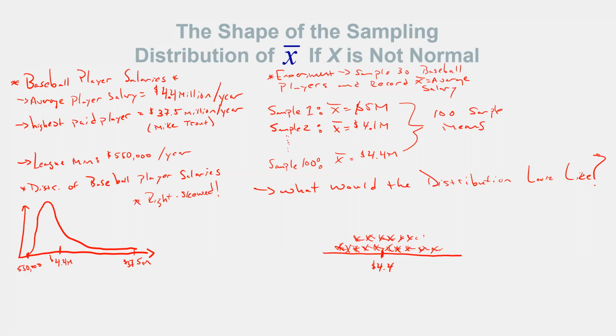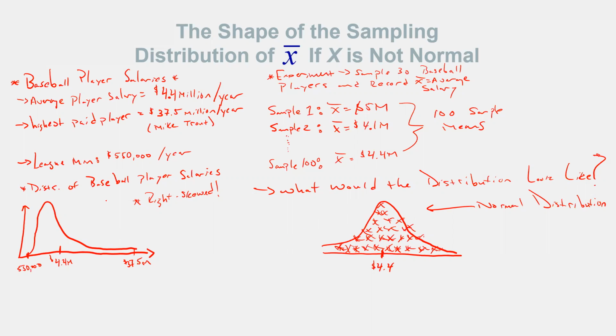Each of these dots represents a sample. What does it look like? It would look like a normal distribution. Yeah, the shape of it would be a normal distribution.